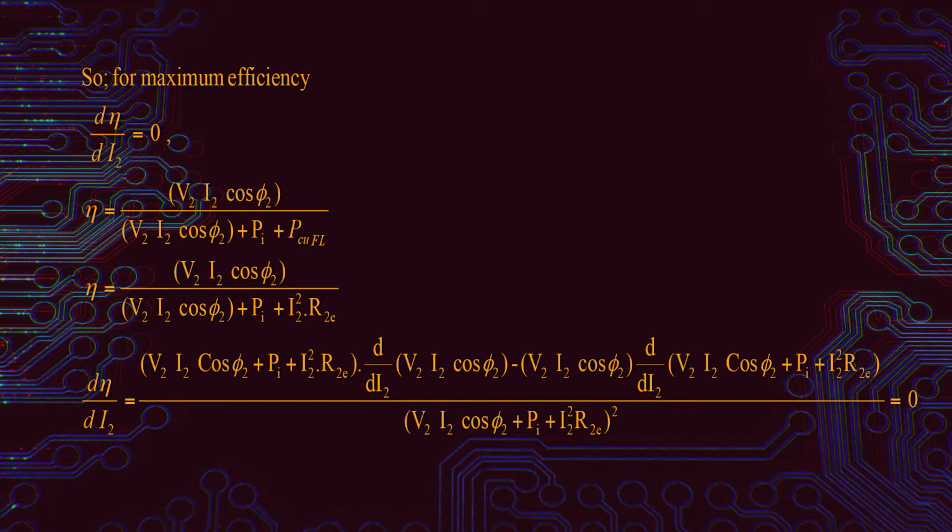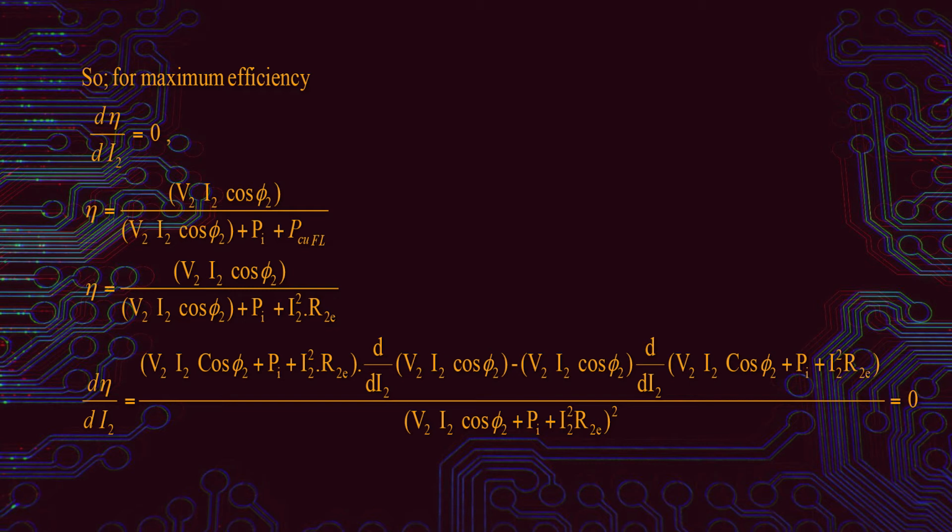So after the differentiation you can write V2 I2 cos phi 2 plus Pi plus I2 square R2E multiplied by the differentiation of V2 I2 cos phi 2, minus V2 I2 cos phi 2 multiplied by the differentiation of V2 I2 cos phi 2 plus Pi plus I2 square R2E, upon V2 I2 cos phi 2 plus Pi plus I2 square R2E whole square.